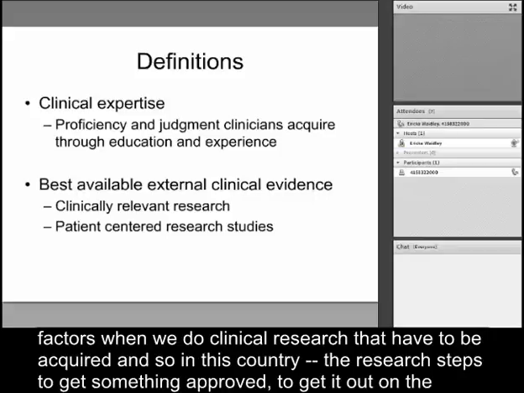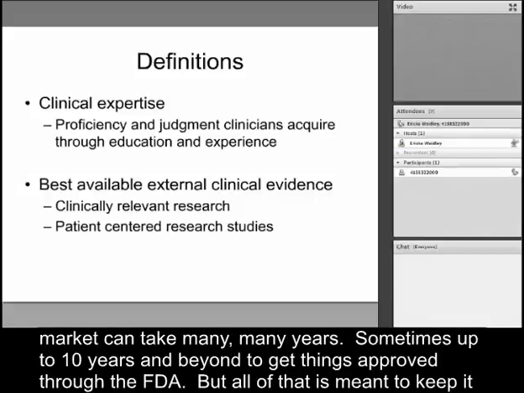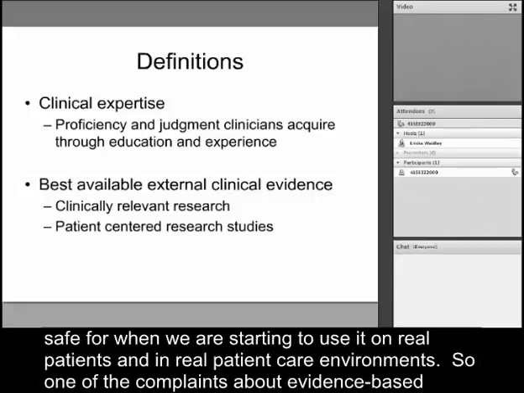And so in this country, the research steps to get something approved, to get it out on the market, can take many, many years, sometimes up to 10 years and beyond, to get things approved through the FDA. But all of that is meant to keep it safe for when we are starting to use it on real patients and in real patient care environments.